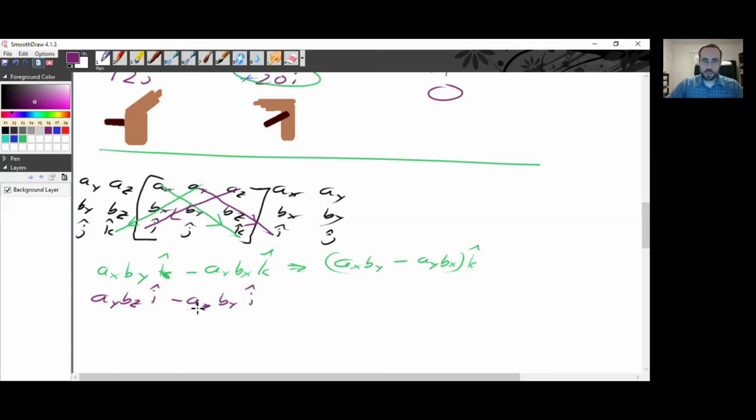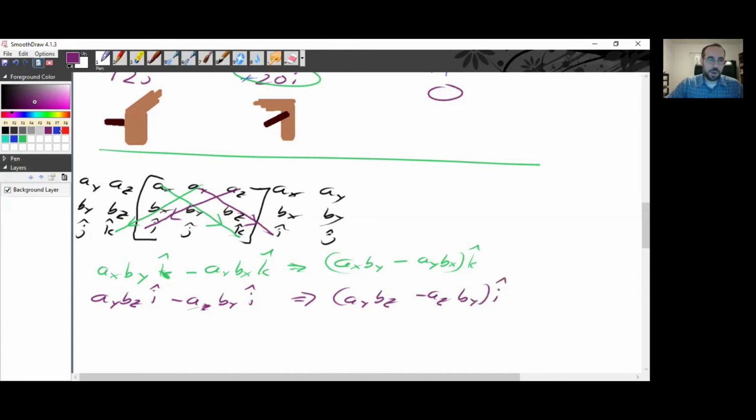And it's the opposite of whatever the product of those two components is because we're going in the opposite direction. You can see that with the right-hand rule, hopefully. That ultimately all comes down to the right-hand rule, but this is a shorthand, quick way of getting that result. If I rewrite this, I end up with AY BZ minus AZ BY i hat.